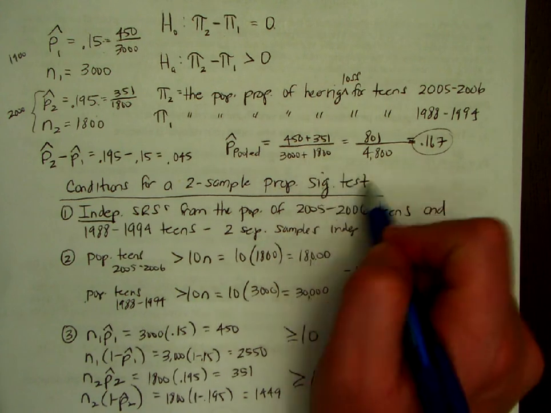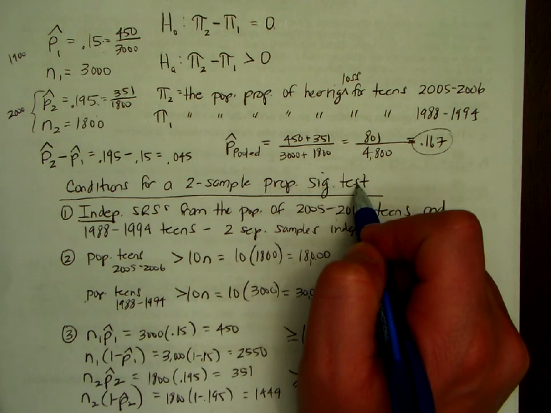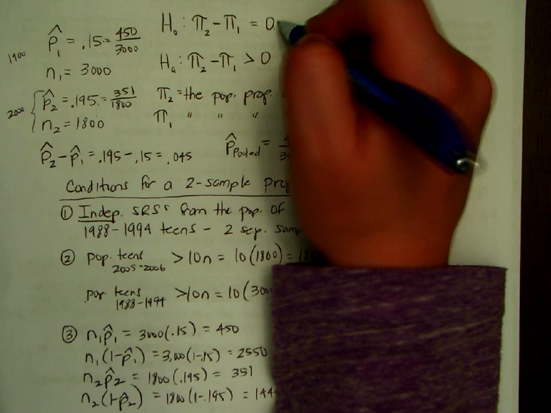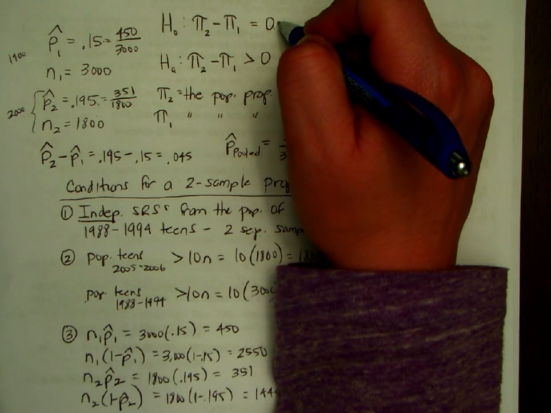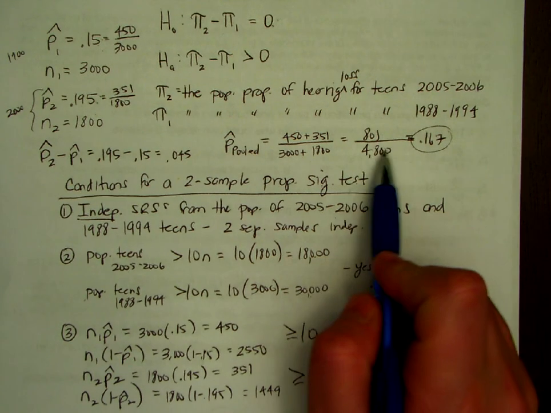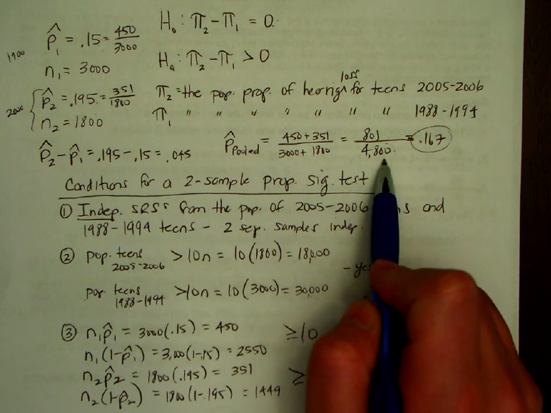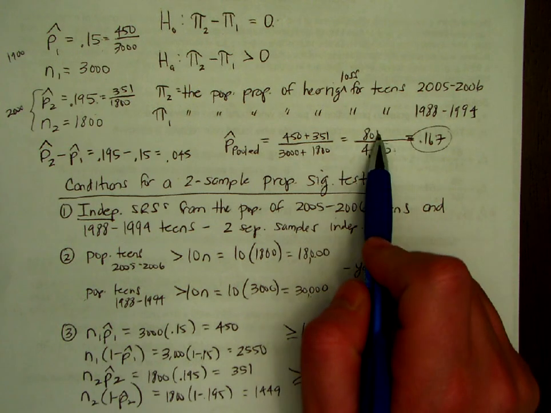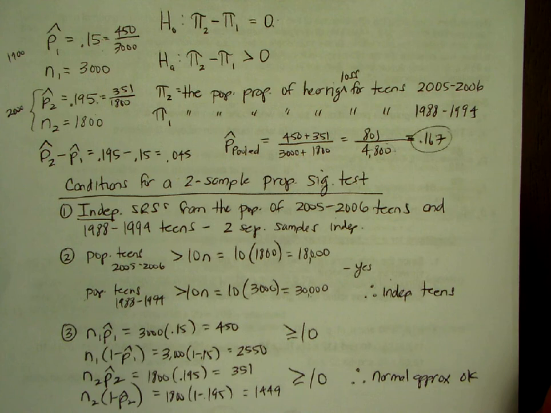You only pool your p's for a significance test. The reason is because you said that there was no difference, so let's just put these samples together and create one huge sample of 4,800 people and 801 teens that had hearing loss. So that sums up a two-sample proportion significance test.